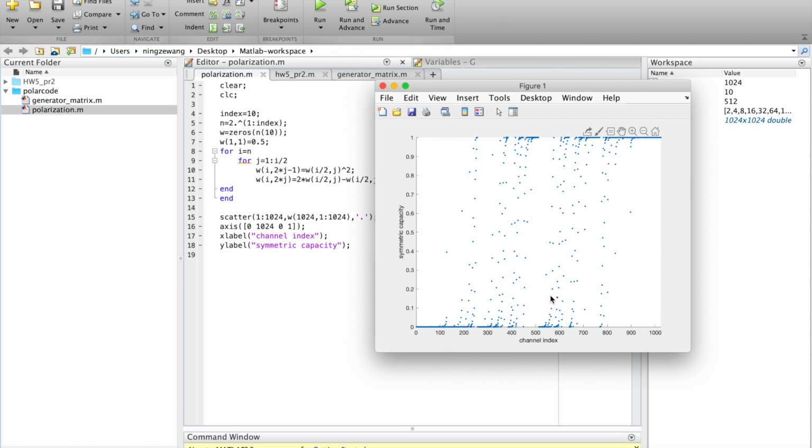Here is an obvious phenomenon of polarization. If I increase the block length n, we can get even more obvious polarization.